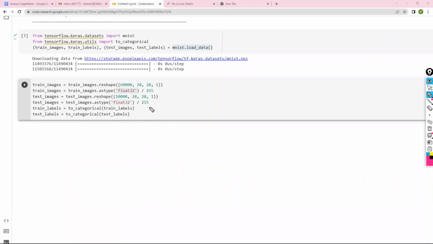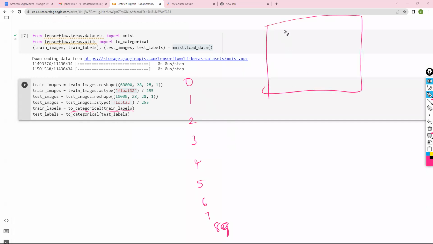When you say to_categorical, it actually takes these labels. So if you have labels as 0, 1, 2, 3, 4, 5, 6, 7, 8, 9, handwritten digits in that way, in your database you will have output variable and input variables.